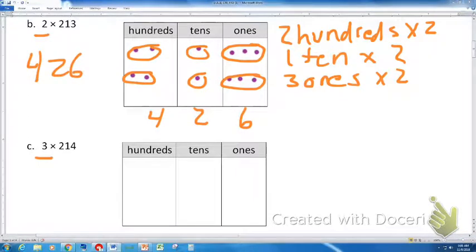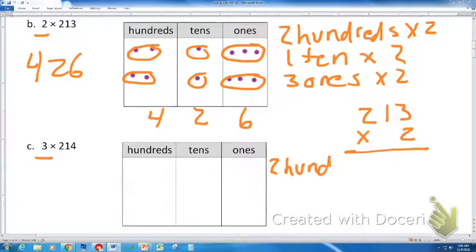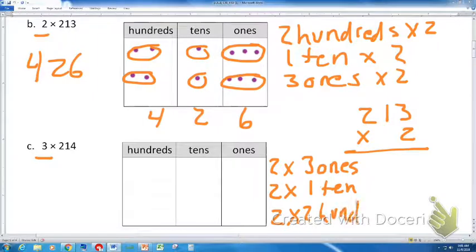Now, with the vertical alignment, you're going to do 213 times 2. We're going to do our ones first, because it's right above our 2. We're going to go up and down. So 2 times 3 ones, then 2 times 1 ten, and then 2 times 2 hundreds. I'm going to abbreviate hundreds.